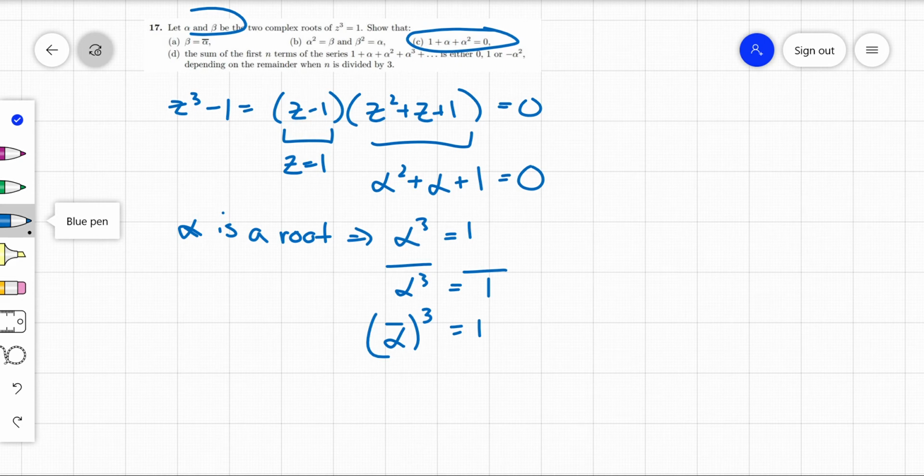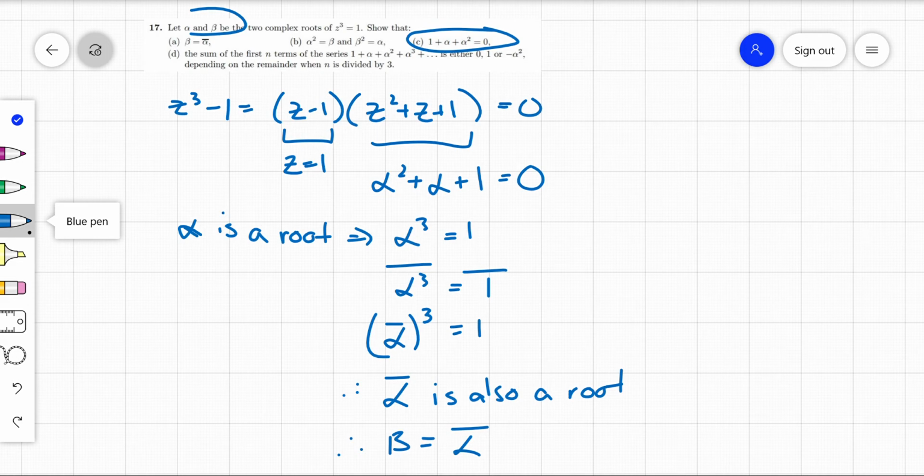So you can see that the conjugate of alpha has to also be a root. And since we know there are only 2 more roots, alpha and beta, then beta must be equal to the conjugate of alpha, since there are only those 2 complex roots. All right, so that's our A.